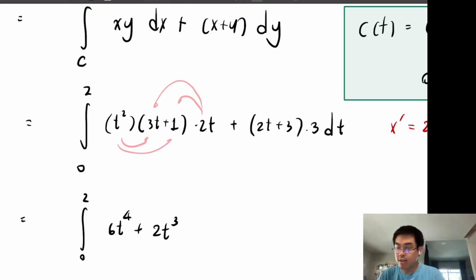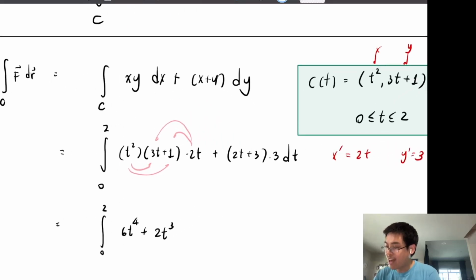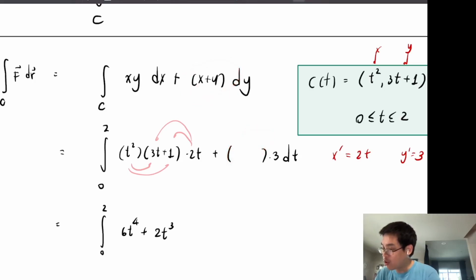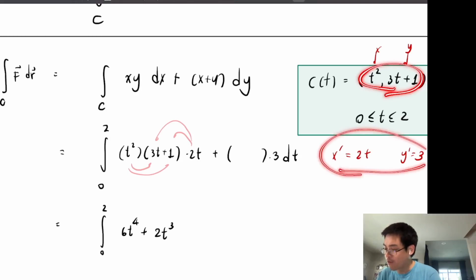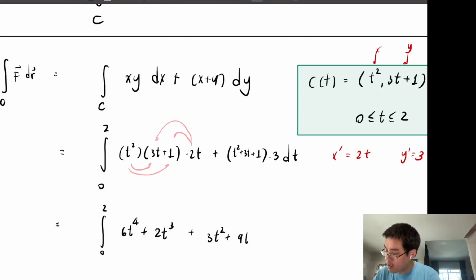Hold on, x plus y has gone wrong. X plus y should add these two, not those two, so I got confused. X plus y should be t squared plus 3t plus 1. Sorry about that. So we get 3t^2 plus 9t plus 3 dt.